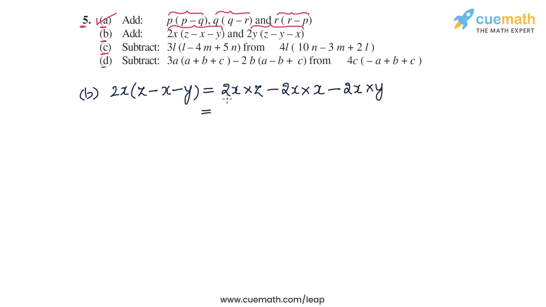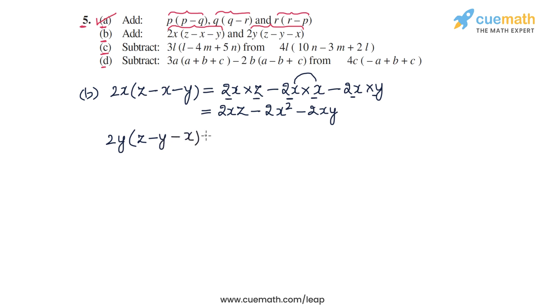Okay, now 2x times z is 2xz, then minus 2x times x will be, we have 2 repetitions of x, so this will be minus 2x square, and then we have minus 2x into y, which we can write as minus 2xy. And then the second expression we have is 2y times (z minus y minus x).